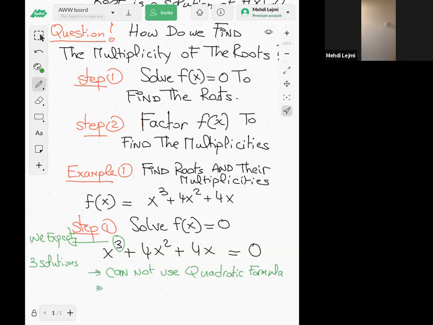We can try to factor f of x. Can we factor f of x?